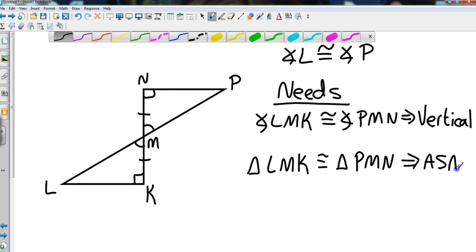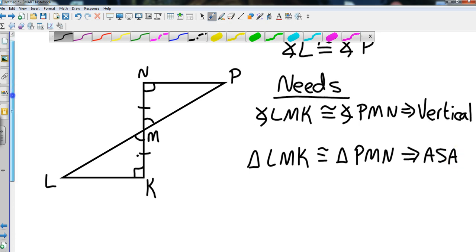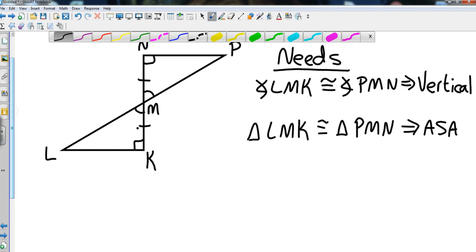Now, this is what we've discussed before. If these are congruent triangles, that means all of their corresponding parts are congruent, which means that angle L has to be congruent to angle P. Notice they are in the same order, and remember, we talked about order being important.